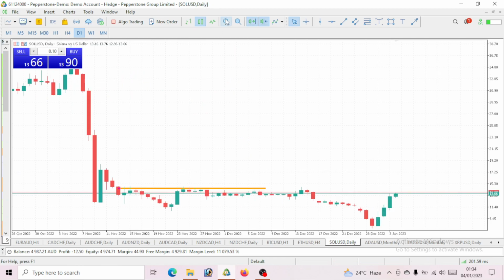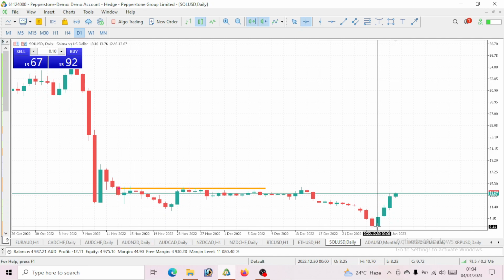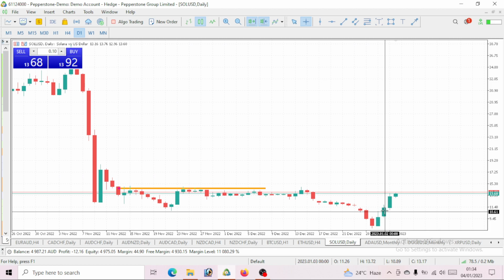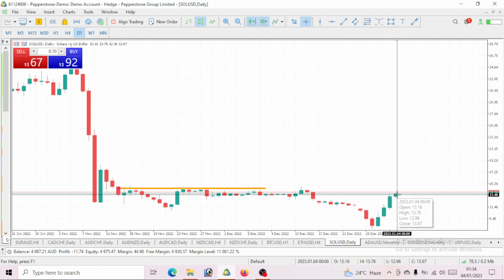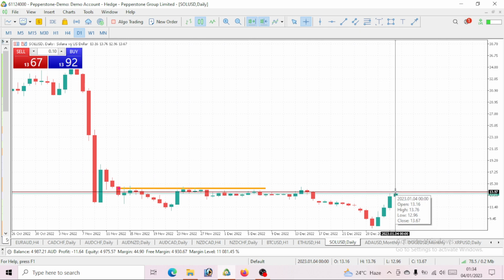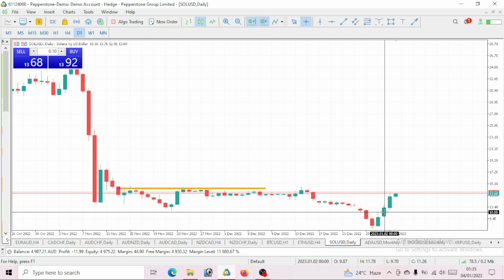If we take a look at this move, it started on the 30th. I think that's on Friday, right? Friday, Saturday, Sunday. Today's Wednesday. Let's count it back: this, the 4th, is Wednesday. This is Tuesday, this was Monday, and Sunday.